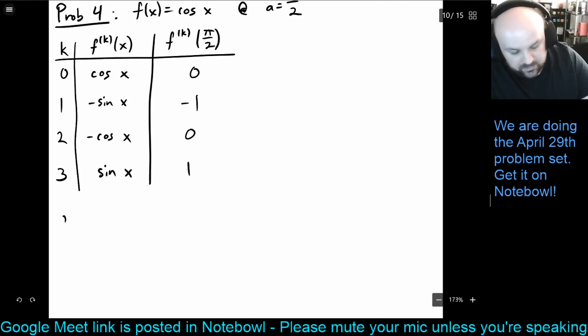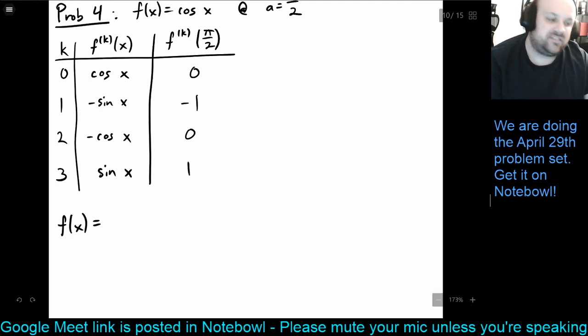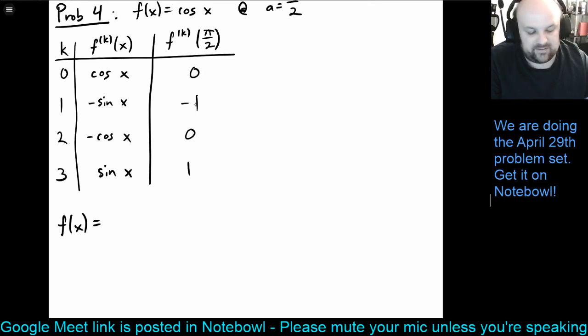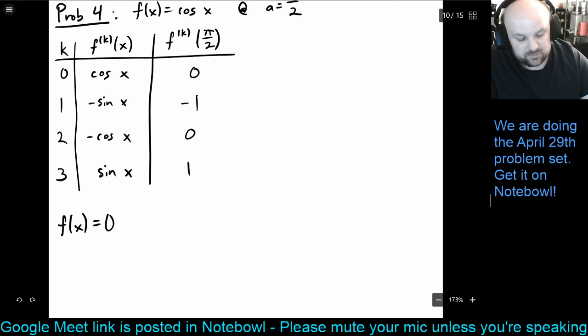So that means, just like when we were doing the Maclaurin series for this, since we keep having these intermittent zeros here, it's a good idea to just write out several terms of the series and see where it goes. Like the first term is 0, and then we have plus negative 1 times x minus pi over 2.